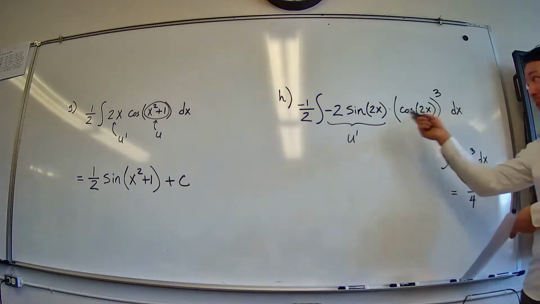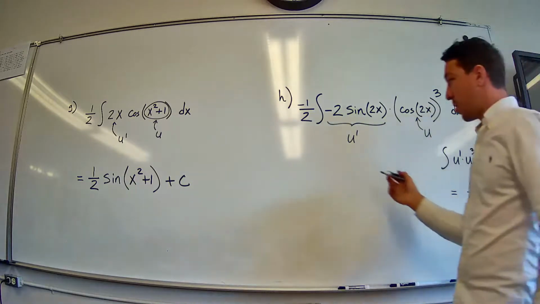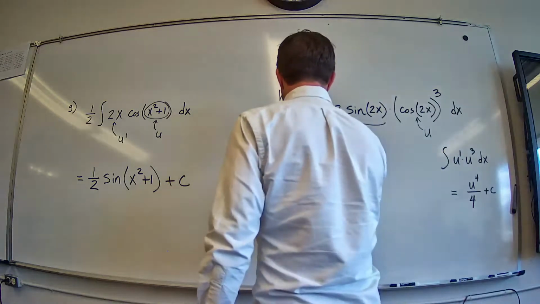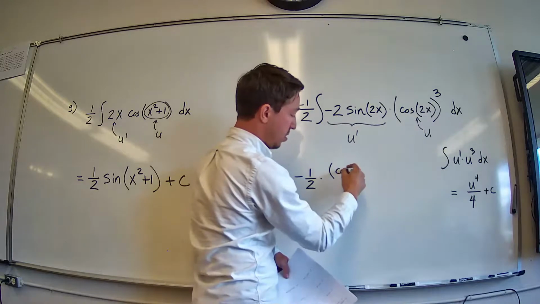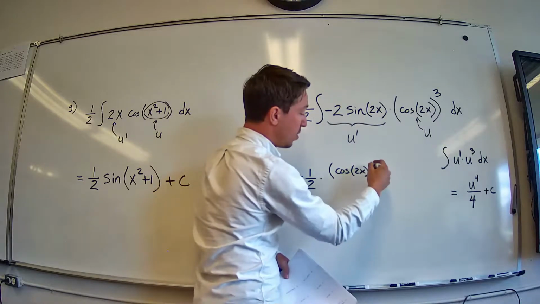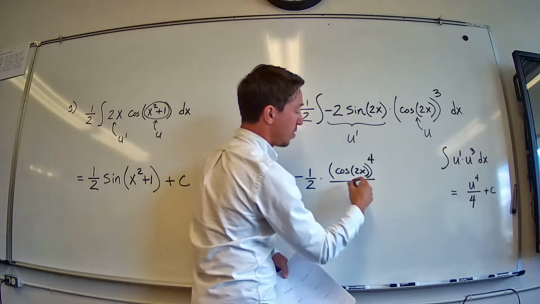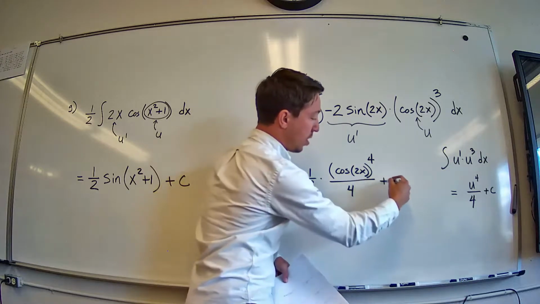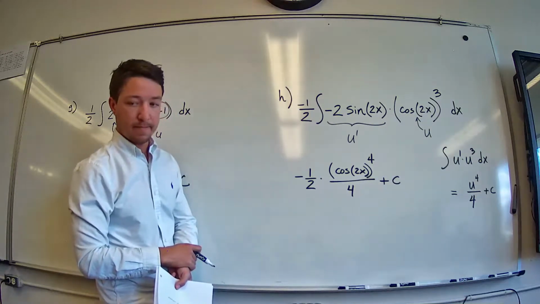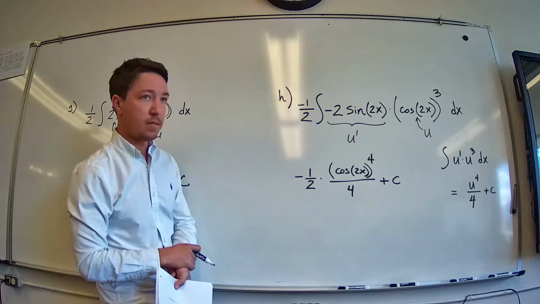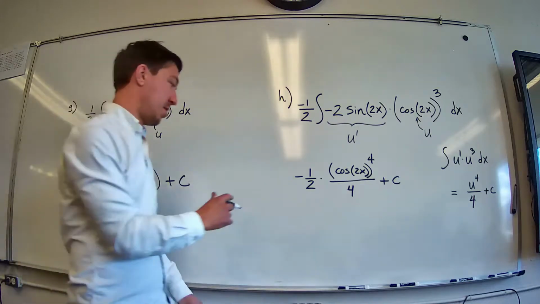Do we all understand why, if that's u prime? And we understand how this is of this form? So we have a negative 1/2 times u to the 4th over 4 plus a constant.